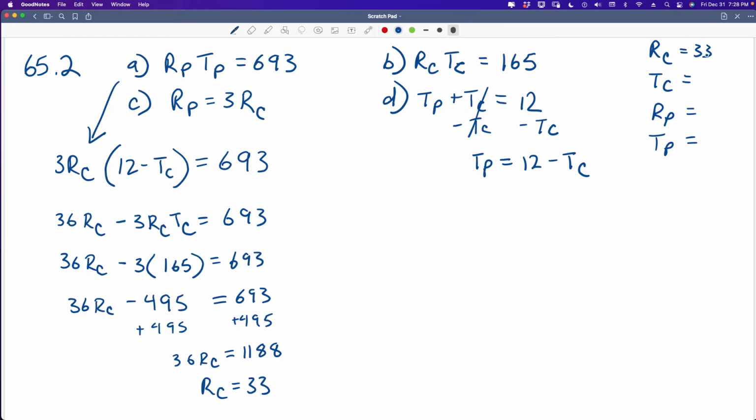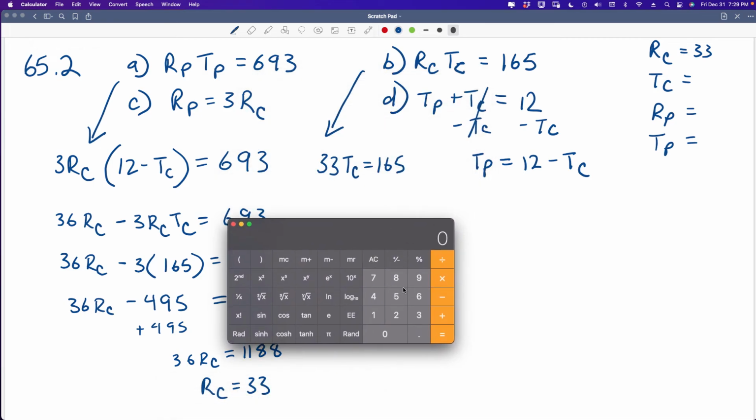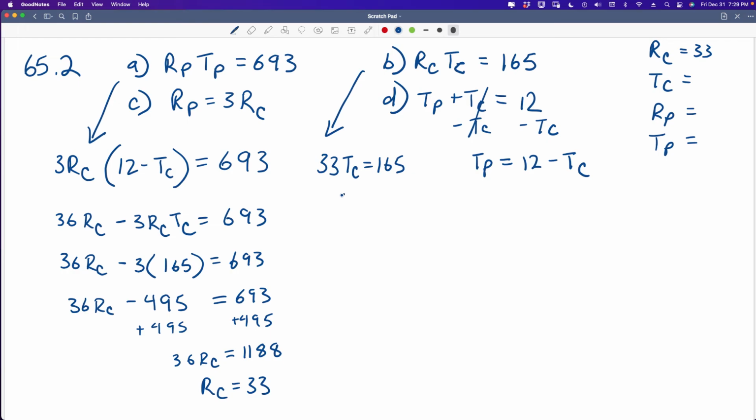If RC is 33, then I can say 33 for RC times TC is equal to 165. So all I have to do is divide by 33 on both sides. 165 divided by 33 is equal to 5. So TC is equal to 5.